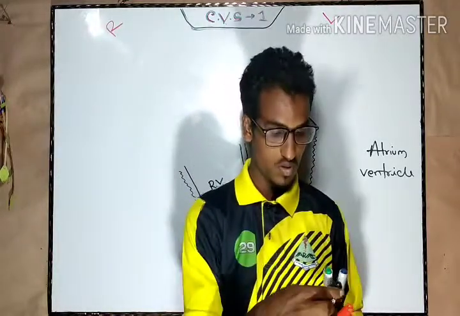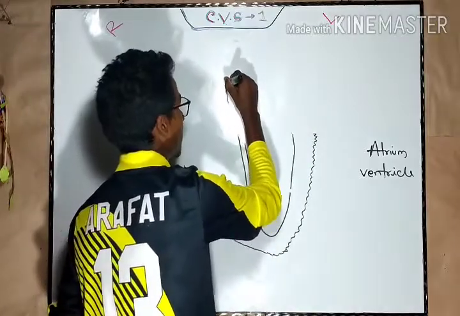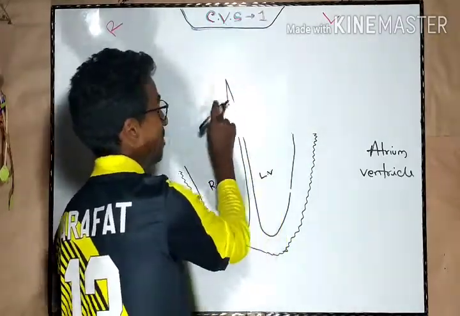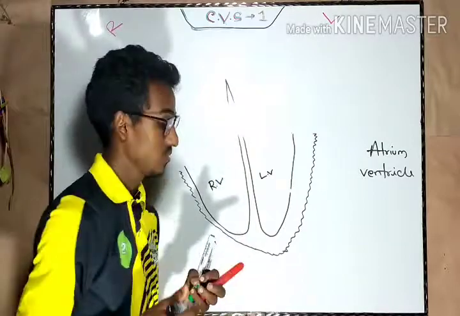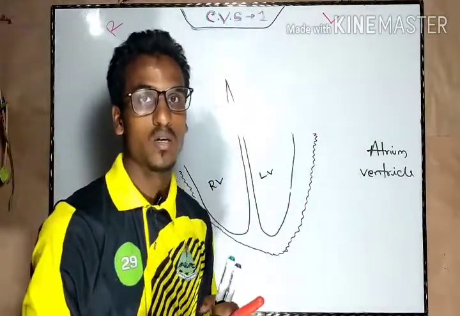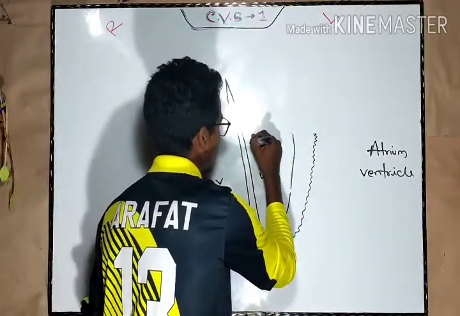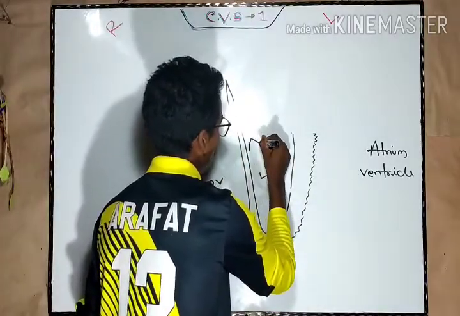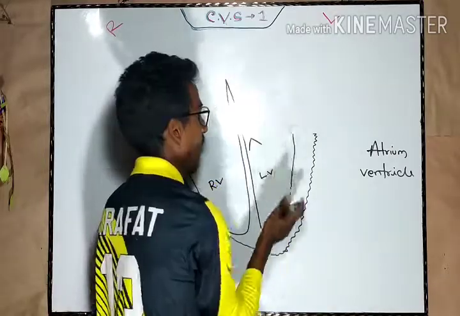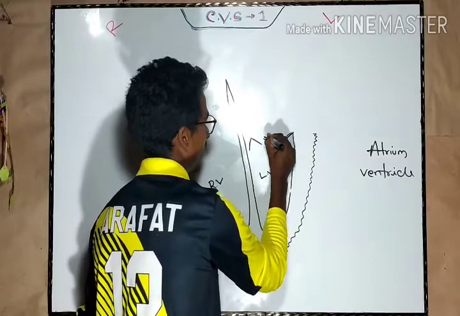Now, for the additional chambers, the upper chambers. Now look at the left ventricle. This ventricle has 2 valves. One valve up the way and one valve down the way.